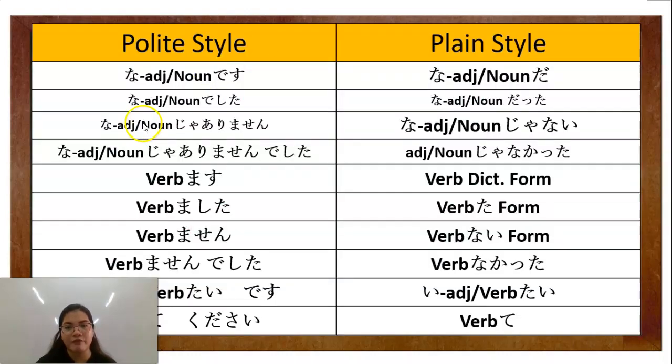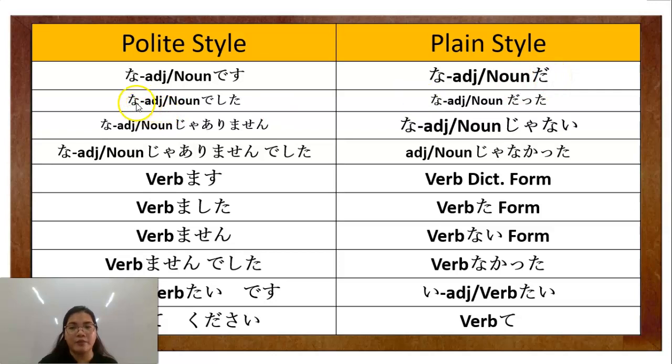Okay, so let's start from the noun. Okay, so this side is the polite style and this is the plain style. Okay, so na adjective or noun des. Okay, so in the plain style, na adjective and noun da. Okay, so des becomes da in plain style.